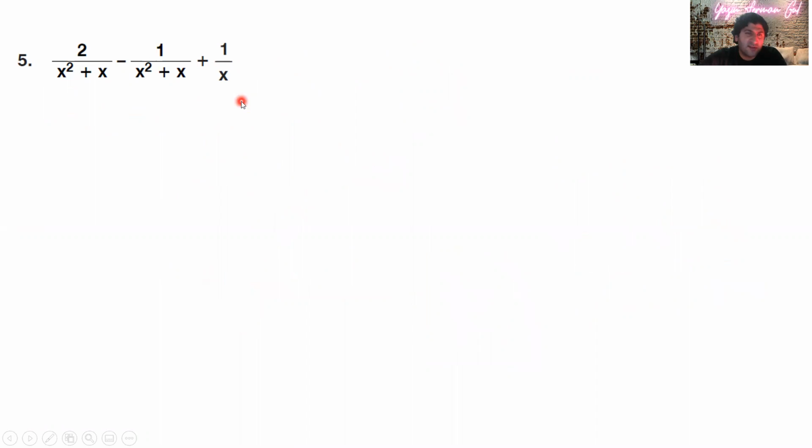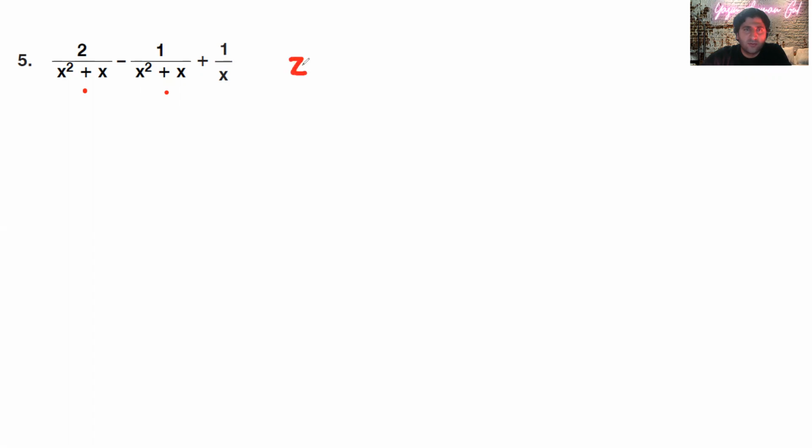Question 5, what it says, let's see. x squared plus x and x squared plus x. Okay, so I see this and this, they have the same denominator, so I can just say 2 minus a.